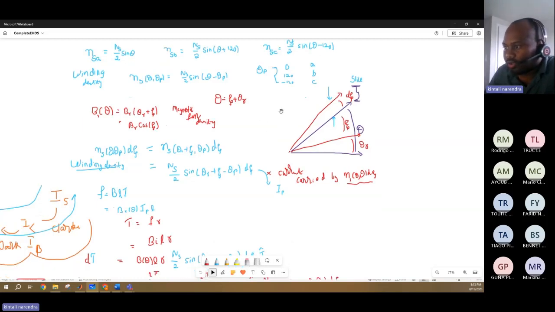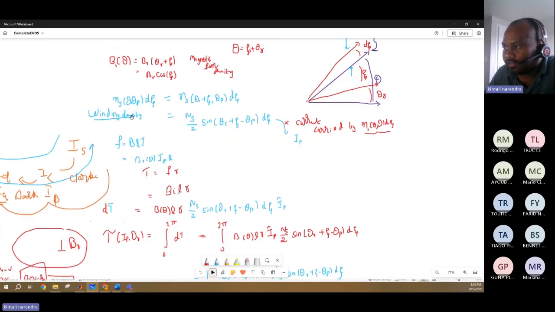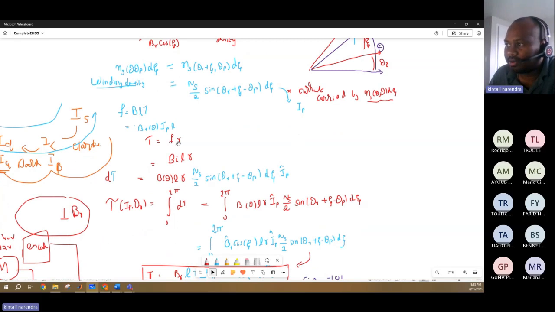If you take the magnetic field developed, it is given by BLI. L is the length of the rotor. Now the torque is given by F into R. Force into R. Here the force is nothing but BIL. I is the current, L is the length, B is the magnetic flux, R is the distance between the stator and the rotor. There's a small gap between them.